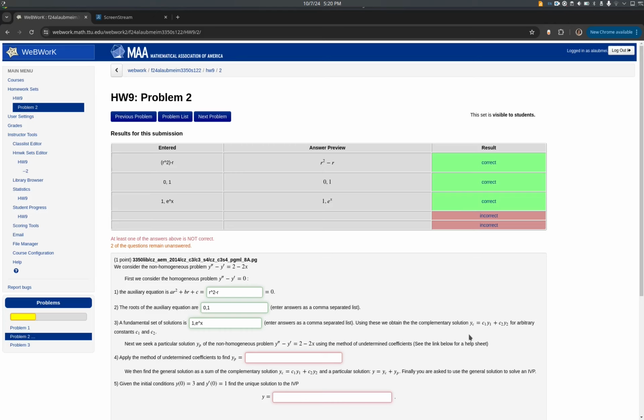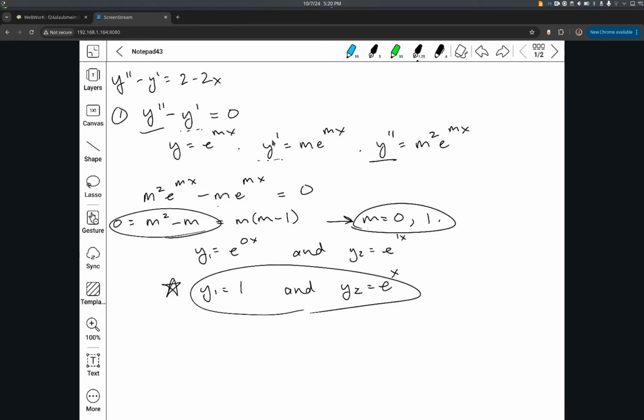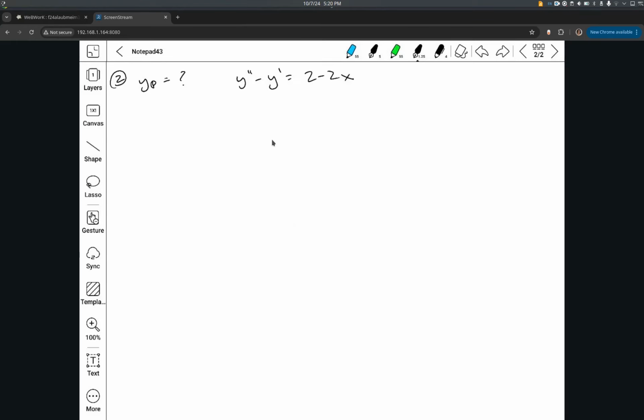So now we move to the problem of trying to find yp, the particular solution, when we are trying to solve y double prime minus y prime equal to minus 2x, I think it was. Yes. And so when we do this type of problem, our approach is sort of like there's 3 parts. So what is the right side of the equation?